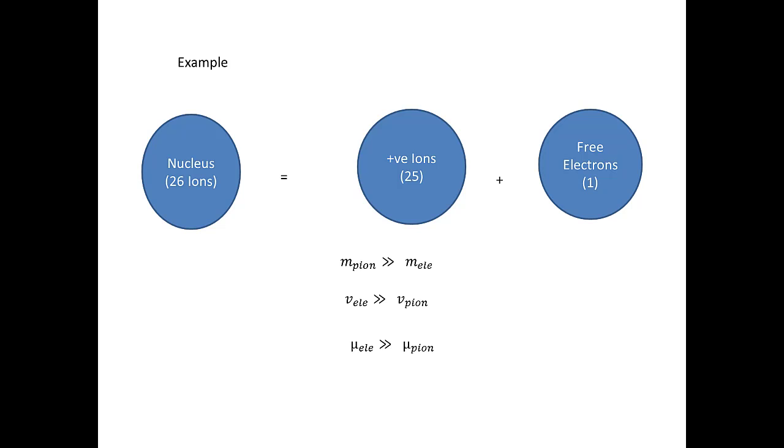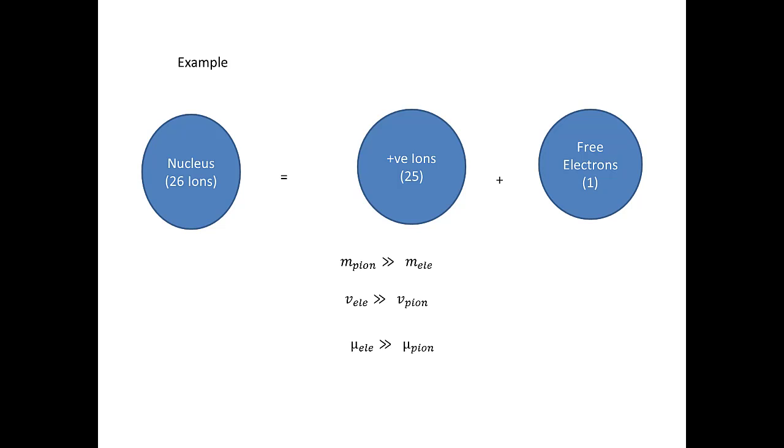So from this, it is clear the mass of the positive ions is greater than the mass of the electron. From the relation V is inversely proportional to the mass of the ions, it is clear V electron is greater than V positive ion. From this, mu electron is greater than mu positive ions.